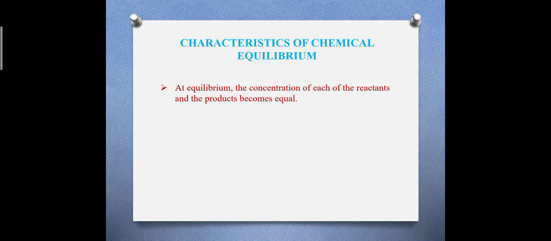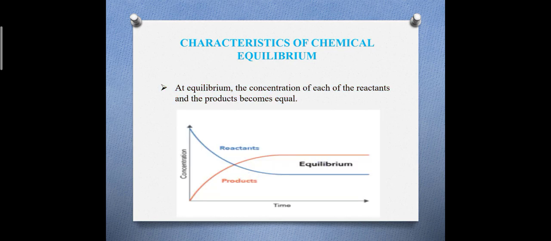Now, what are the characteristics of chemical equilibrium? First, at chemical equilibrium, the concentration of each reactant and product becomes constant. Let us explain with this diagram. Here we have taken reactant and product.